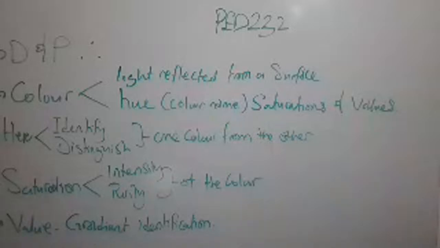Now there are three main groups of colors, and they are the primary, the secondary, and the complementary color.